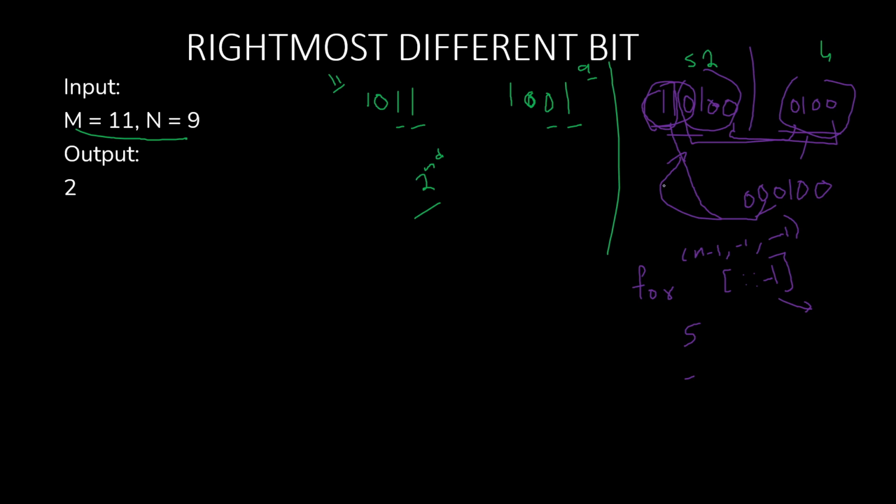I hope you understood that if the values have the same length, we don't have a problem. If not, we have to convert them to the same length, which we can do using string methods. Suppose this 0100 is a string value. You may have heard about the concatenation method.